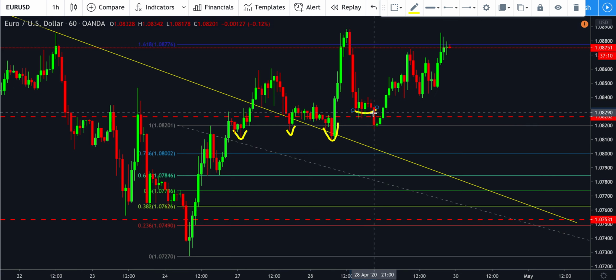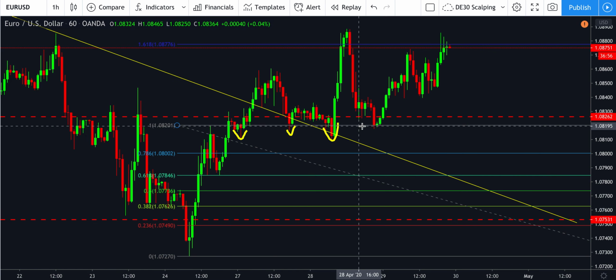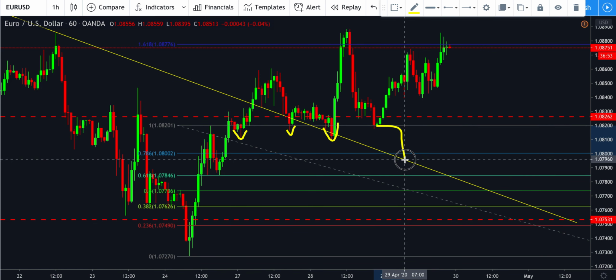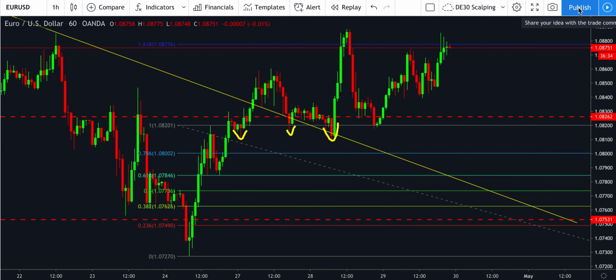As I said, this sell opportunity was not going to be the main trading opportunity, as we were very close to the trend line as well. If we were going to drop, the potential goal would be the 78.6% of Fibonacci. So I wasn't expecting price to go much deeper.